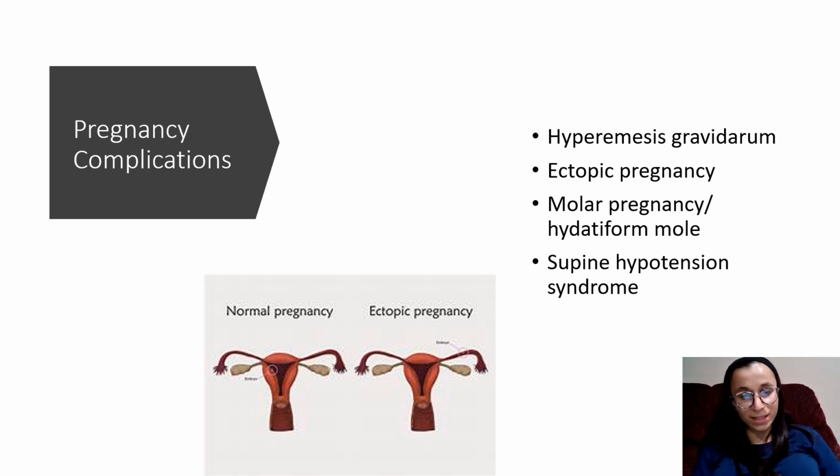Ectopic pregnancy is basically, as we saw before, in a normal pregnancy, once the sperm and the egg fertilize, they implant themselves in the uterus. Ectopic pregnancy is the same thing, except it implants itself in a place where it cannot grow and become a fetus. Most commonly it's in the fallopian tubes, which are over here.